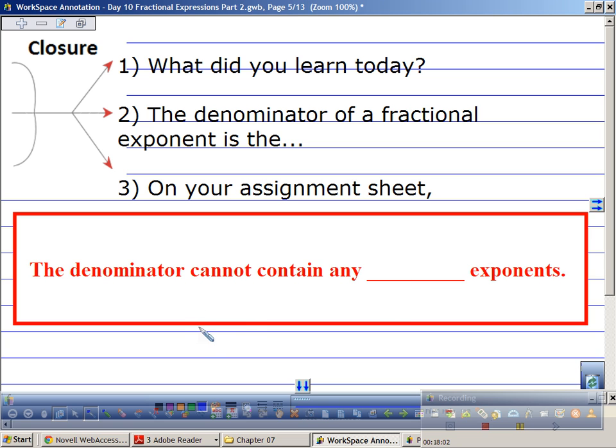Negative exponent. Or radicals. What else can the denominator not contain? Fractions, radicals, 0, I, all those things?